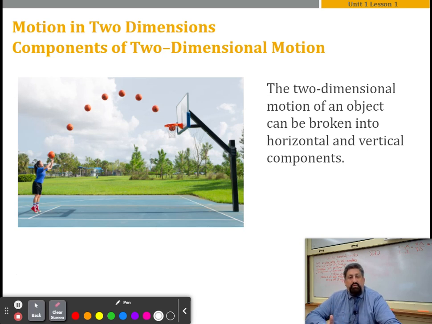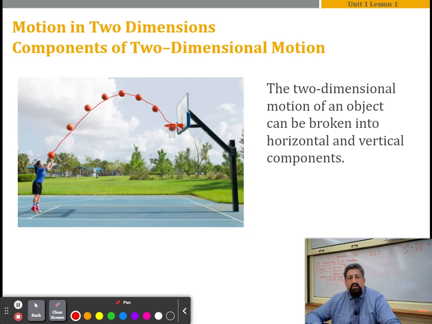Often it's useful to look at horizontal motion and vertical motion separately from each other. We can see that the ball is following a curve, and when she releases the ball, she can predict what path that ball will follow. That's why she's able to score a basket.